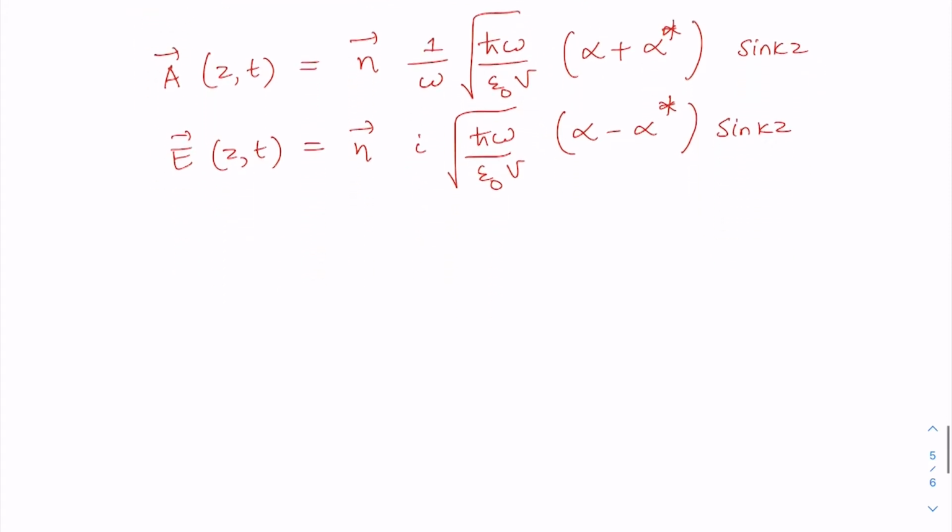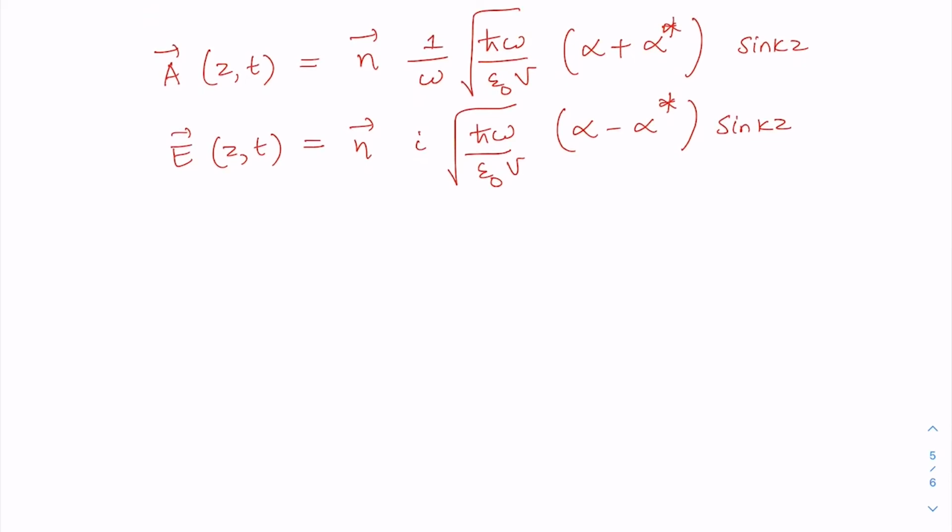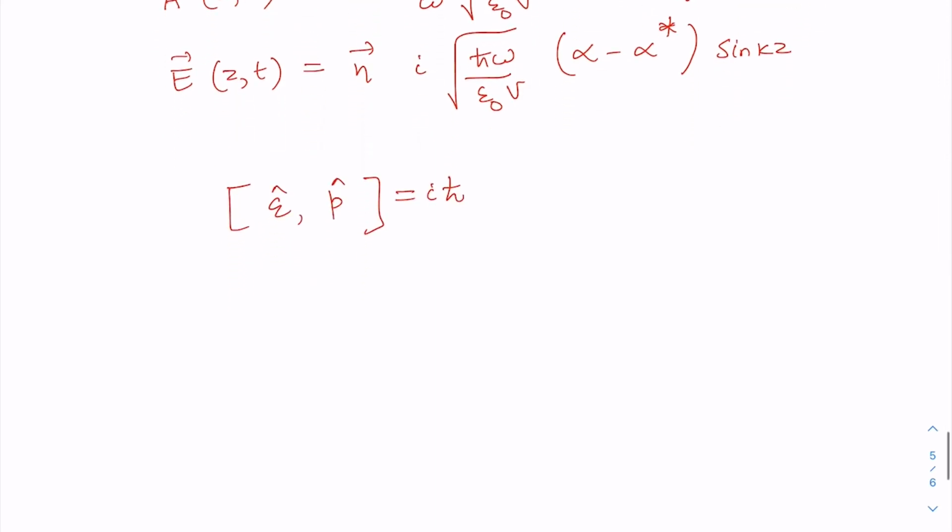Now quantization is straightforward, because we already established that q and p are canonically conjugate variables, so they will be replaced by operators with the commutator of q and p equal to i h cross. Because I have already used the symbol a for propagating waves, here let me use the symbol b.